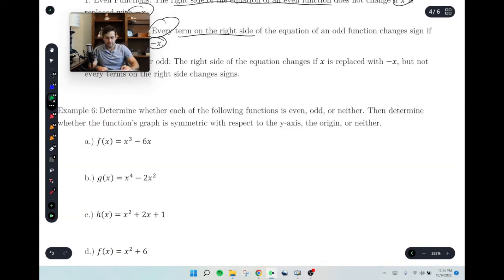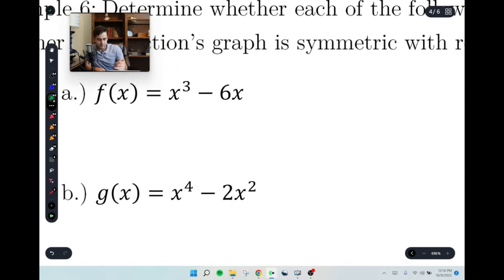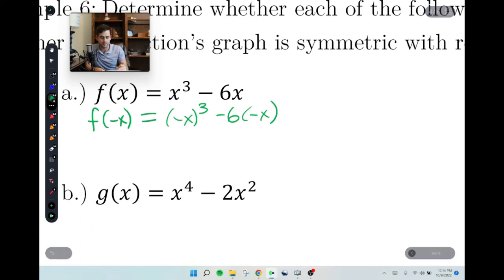All right. So I'm going to plug in my negative. f of negative x equals negative x cubed minus 6 times negative x, right? I can already see what's about to happen. I'm going to get a negative x cubed plus 6x. Well, look at those. Both the signs changed, right?